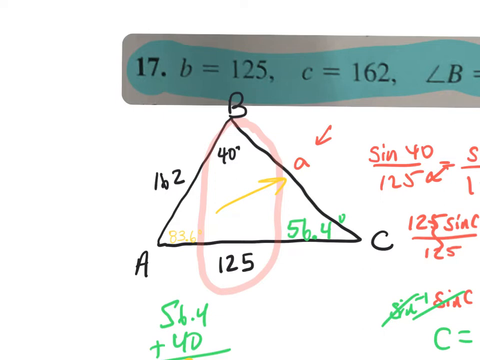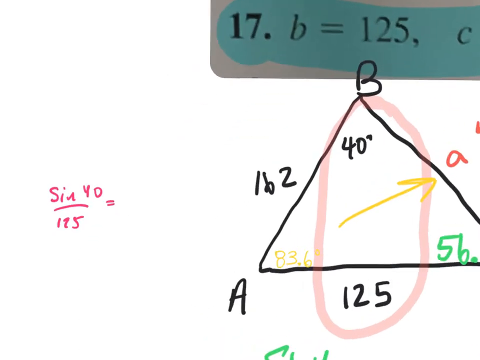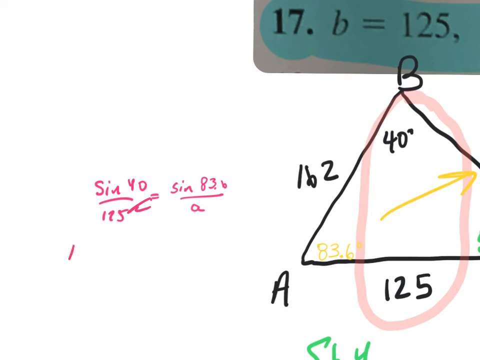So I'm going to say sine of 40 over 125, which we started with, equals the sine of 83.6 over A. Cross multiply: 125 times the sine of 83.6 equals A times the sine of 40.